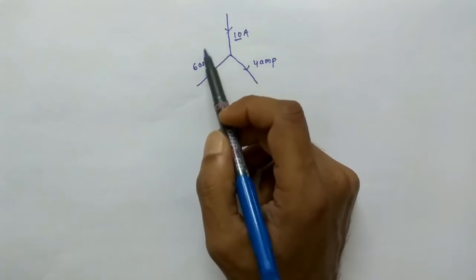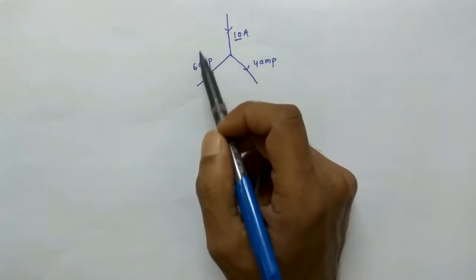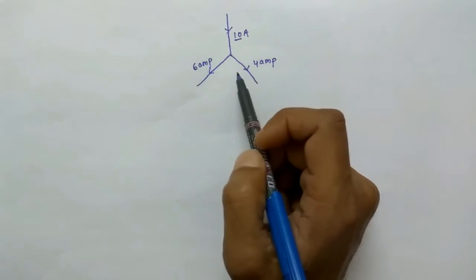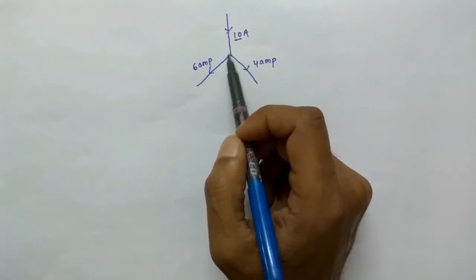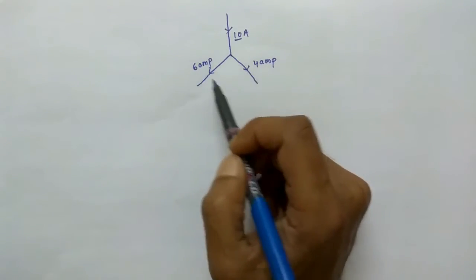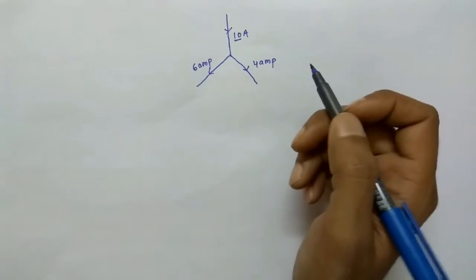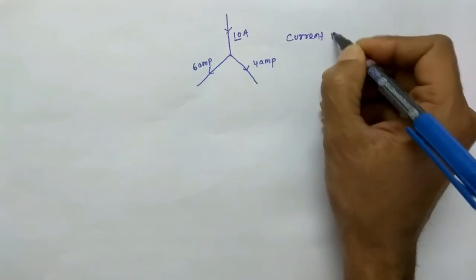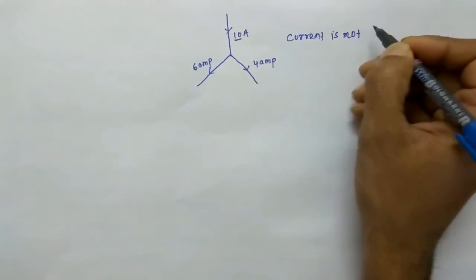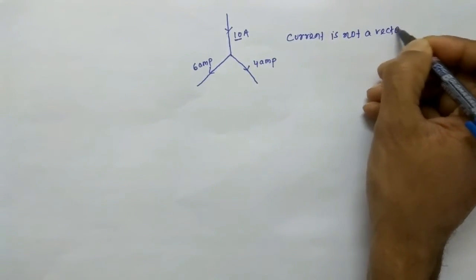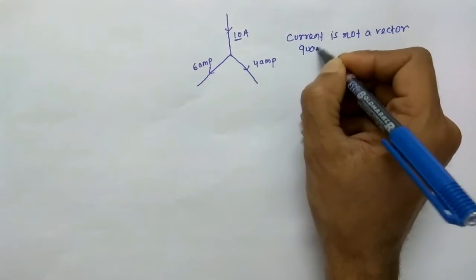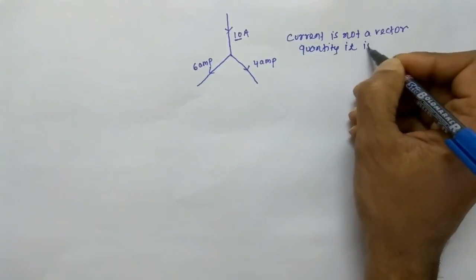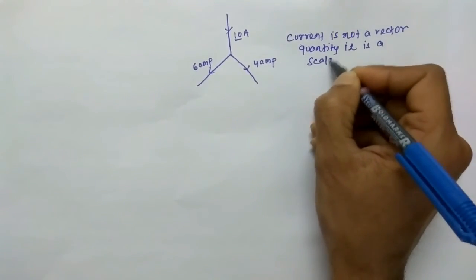But since it is not obeying the triangle law of vector addition, current is not a vector quantity. It is a scalar quantity.